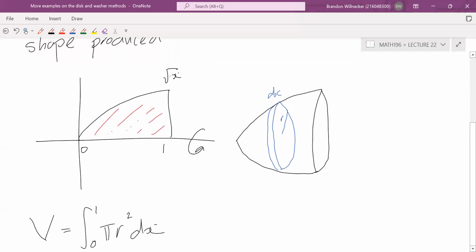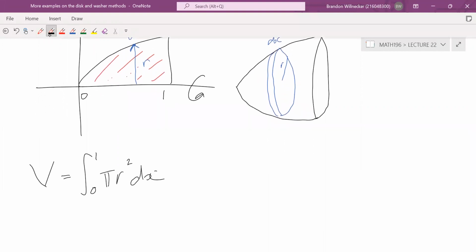Okay, so what's the radius going to be? The radius is this distance here. That's the radius. So the radius is going to be root x, because that's the distance at that point. So this is going to be the integral from 0 to 1 pi root x squared dx.